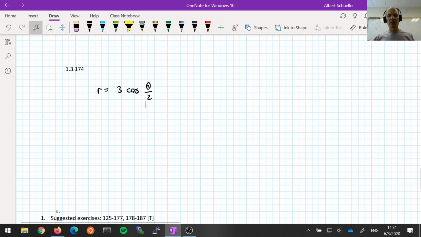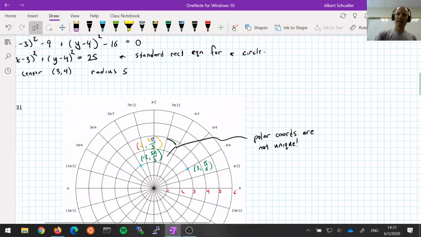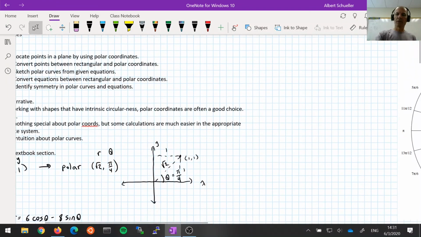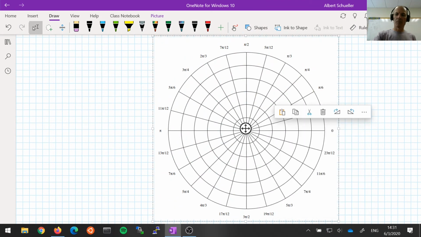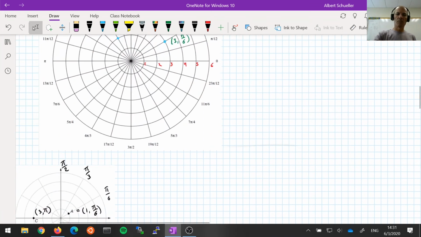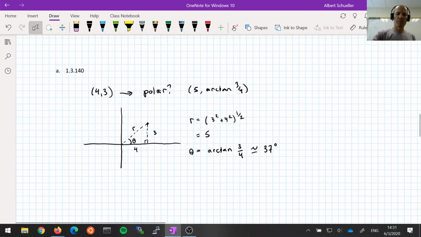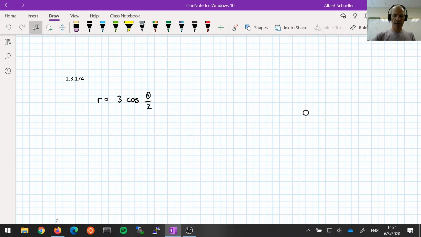So I'm going to start the process of plotting points because we don't really have a grip on how to do this in any other way. And if we're going to plot points, we're going to need a coordinate system to work with. So I'm going to go up here and grab a copy of my coordinate system. Let's put it right there.